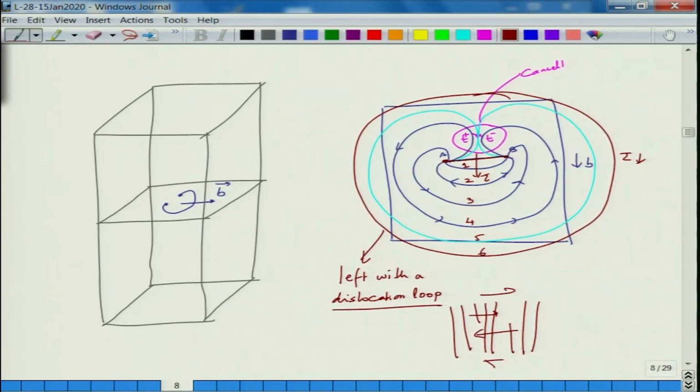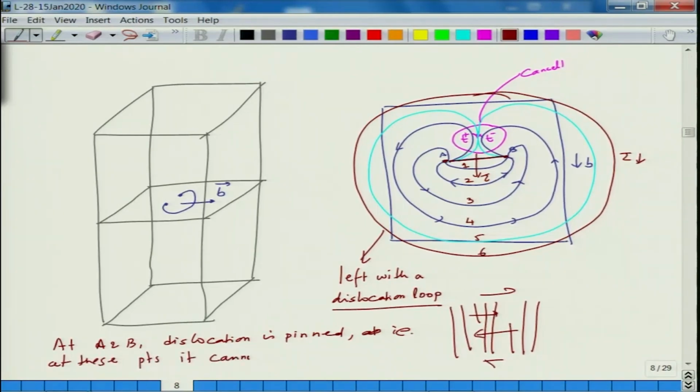So, as you keep doing it, the dislocation is pinned at these two ends. So, basically what we are saying is that at A and B, the dislocation is pinned, which means that at these points it cannot leave the crystal or move.